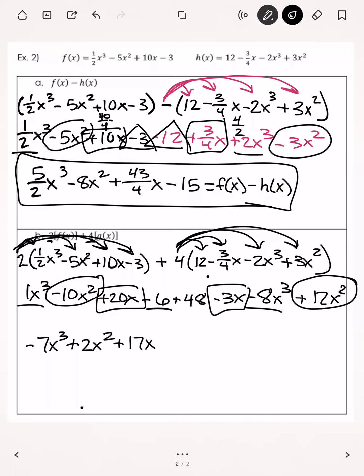And negative 6 and 48 is a positive 42. So this is 2 times f of x plus 4 times h of x. Okay, so this is what we get when we do that.